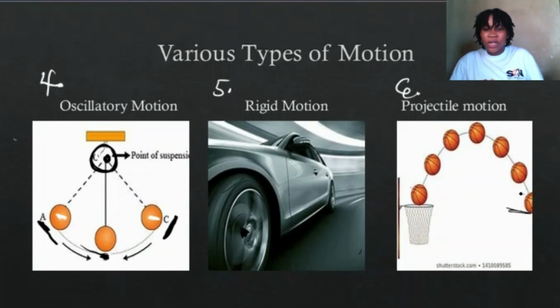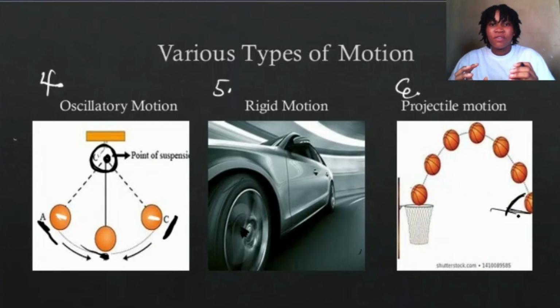The body is thrown at an angle into space and is influenced by gravity. So surely the body will still drop or come to ground finally. But first, it's thrown at an angle. You can see an angle being formed here. So the body is thrown into space at an angle and influenced by gravity.